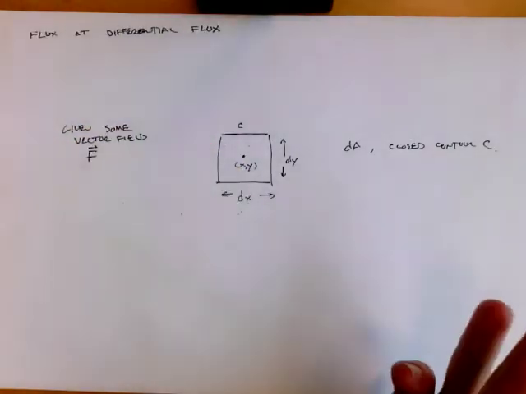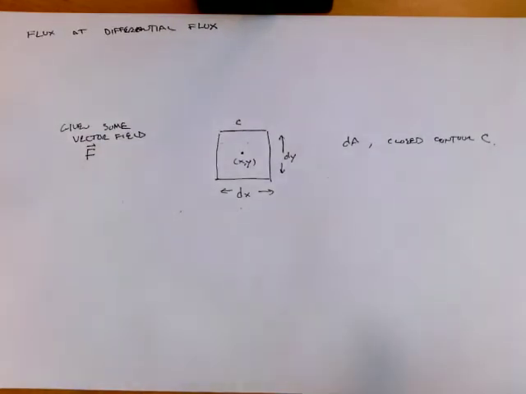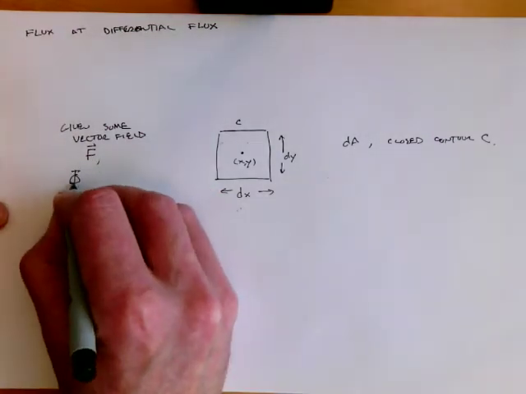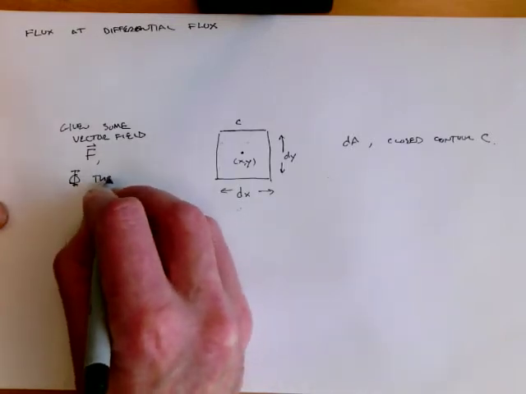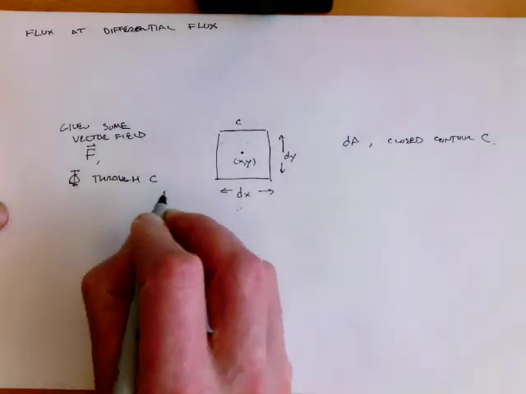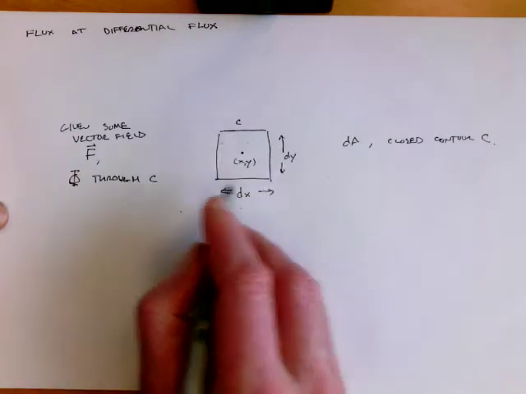Maybe it's the velocity field, maybe it's a sort of energy, sort of current, it could be any vector field, and I'd like to figure out what's the flux of the vector field through this contour C. In other words, net, how much F is coming out of this little chunk.